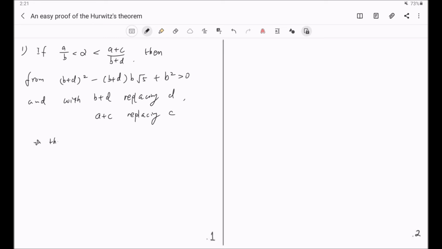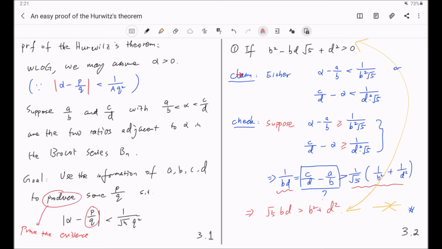In case 1, remember, we proved the following claim, which gives the estimate for alpha in terms of the rational numbers.